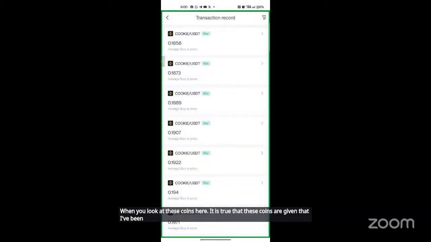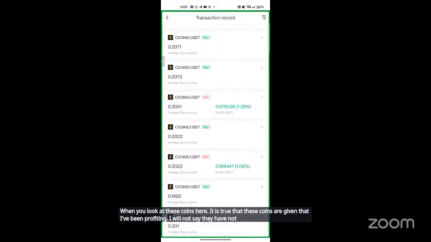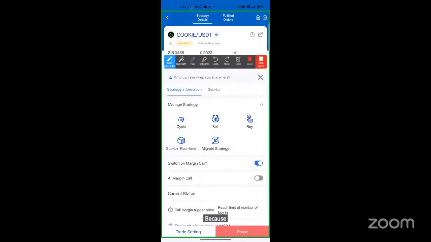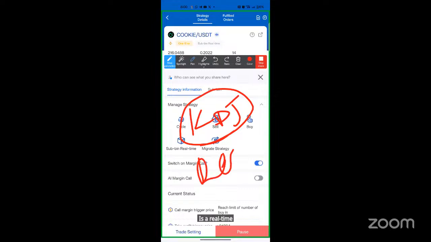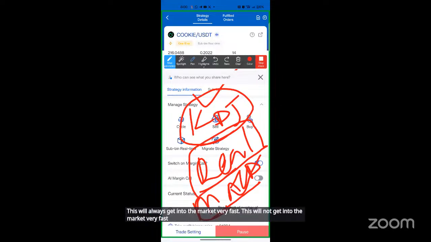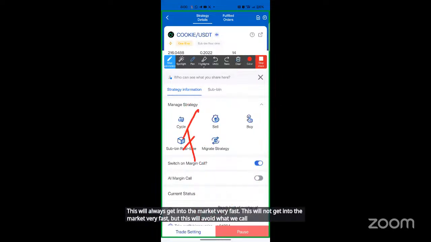I will not say they have not. They have been making sales. But the KDJ is a real-time indicator, and the MACD is a lagging indicator. The KDJ will always get into the market very fast. The MACD will not get in very fast, but it will avoid what we call false movements.